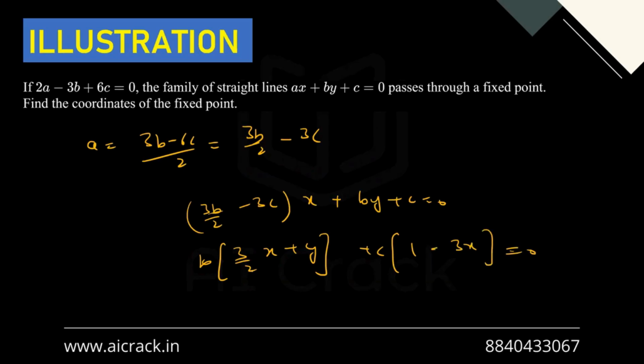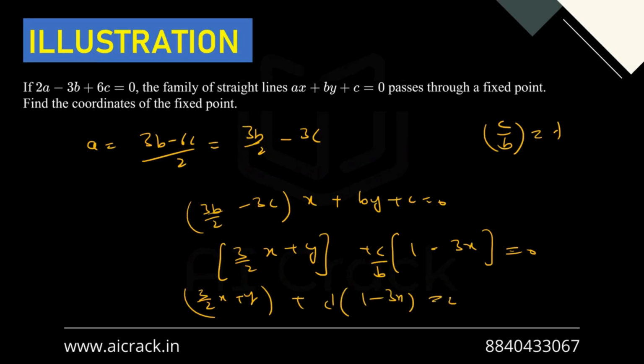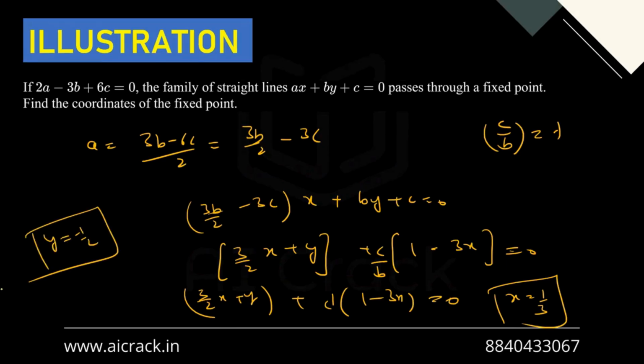Now if I divide this entire equation by b, then that would become c by b, and I can call c by b equals to lambda, right? So that becomes 3 by 2 x plus y plus lambda times 1 minus 3x equals to 0. So basically that gives me x equals to 1 by 3. And also if I plug in this value over here, 1 by 3, I'll be getting y equals to minus 1 by 2. So this is the point through which this family of lines is passing.